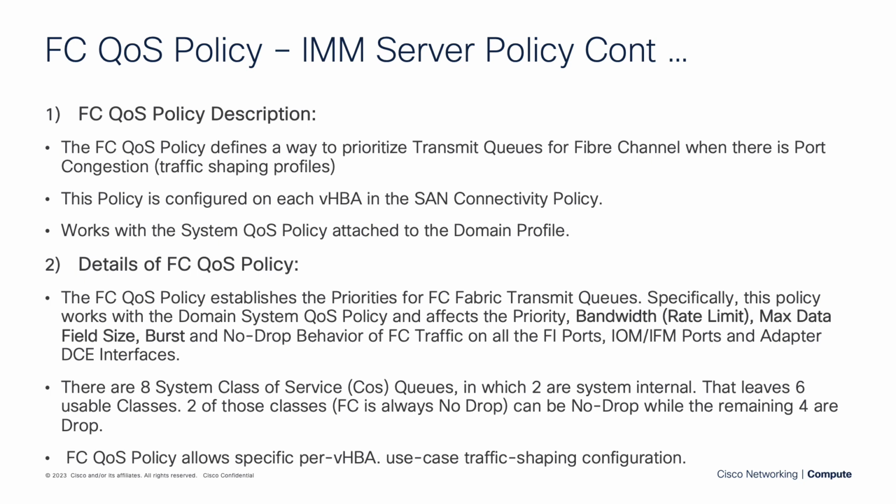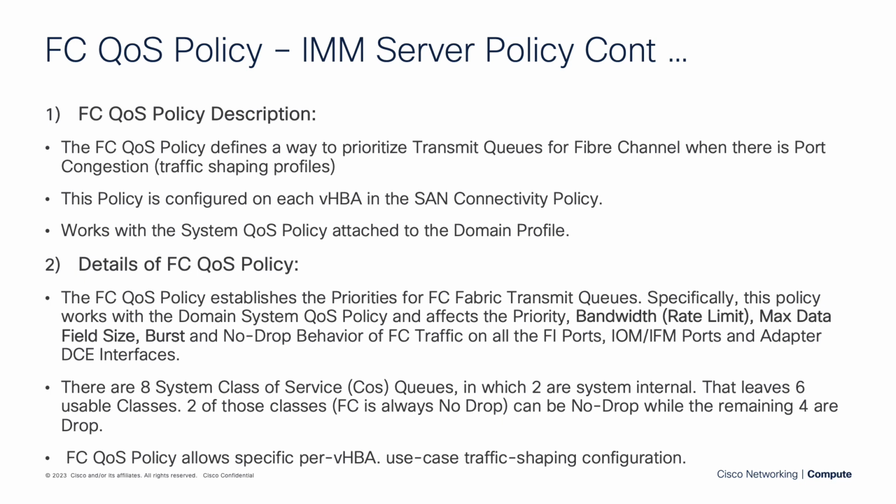The parameters of priority and no drop behavior are already baked into the system QoS policy by default. In other words, Fiber Channel is going to get its due. You can't change that. It's going to get its reserved bandwidth as part of the internal piping. It is going to get its correct priority, and it will be no drop. You can't change that.